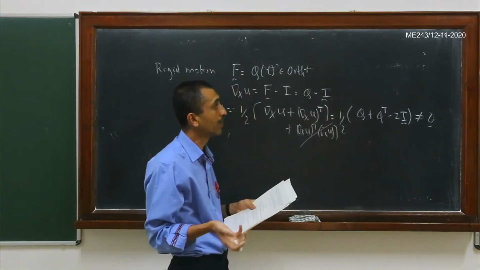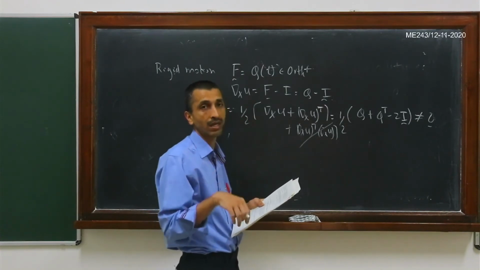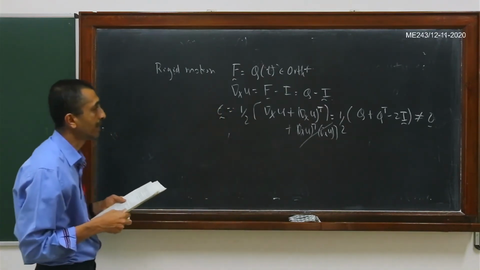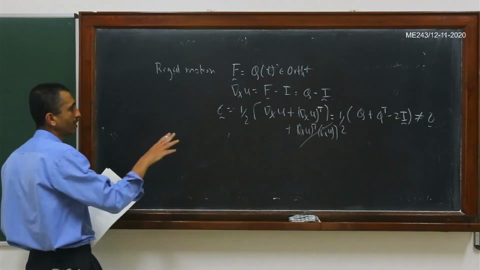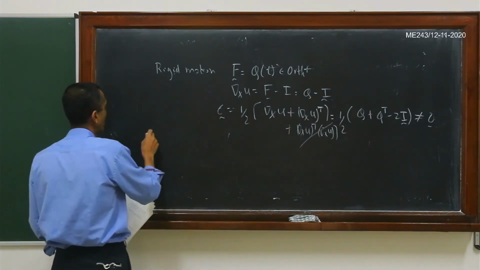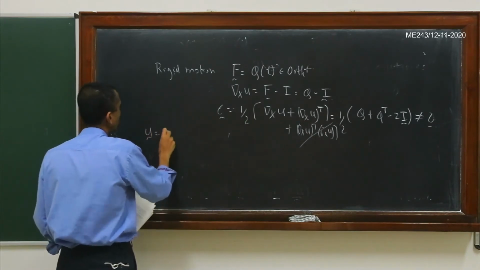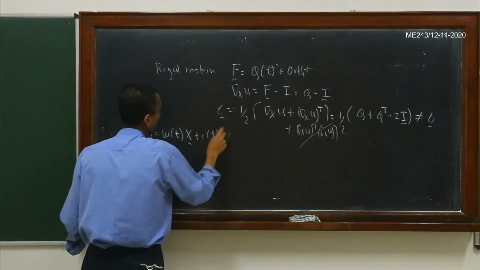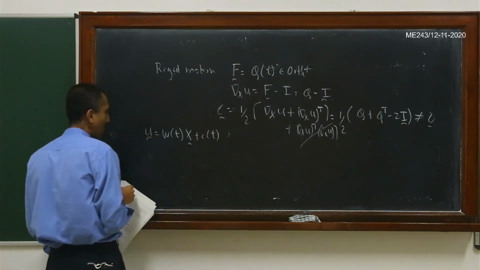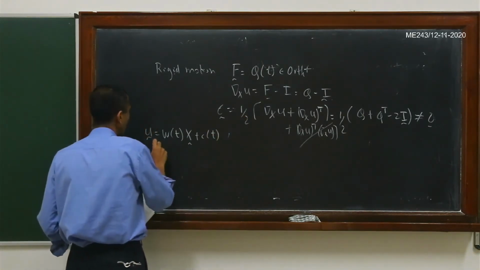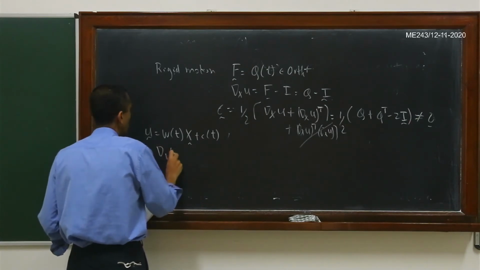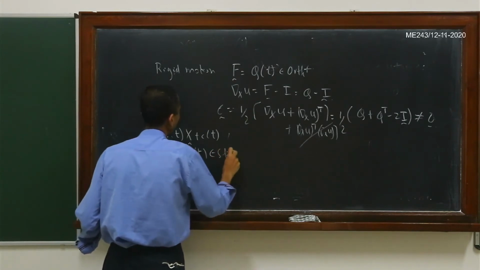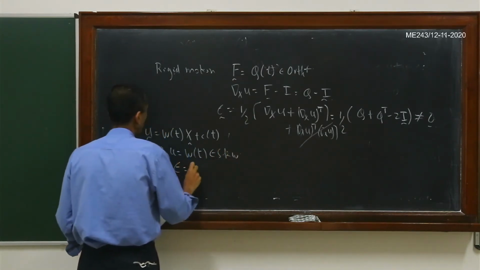So then one can ask the question: when does the strain vanish, right? That question we will look at a later stage, but here I will just indicate the answer: if U is equal to W of T times capital X plus C of T, then this strain measure will vanish. In that case you will get that del U is equal to W of T, belonging to Q, and then you will get that epsilon is equal to 0.